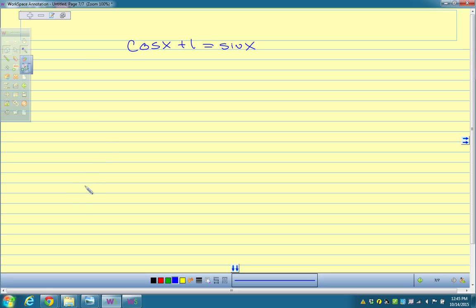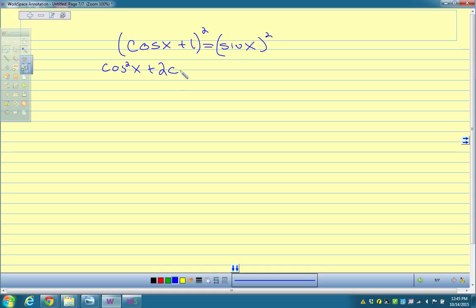Subtract 1 from both sides. You could subtract 1 from both sides, but that's not really going to help you either. What do you think, Jack? Multiply each side by sine of x. You can multiply each side by sine of x. Better yet, square both sides. Square both sides, and then what happens? This side squared becomes cosine squared x plus, I FOIL this, so I multiply 1 times cosine x twice.